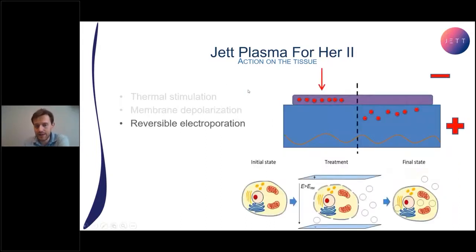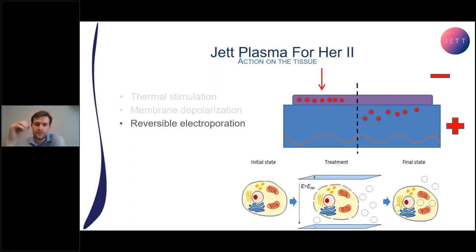And the last thing that we use in rejuvenation, as a complex model of treatment of the vagina or vaginal mucosa, is reversible electroporation. Reversible electroporation is very similar to depolarization and repolarization, but in this moment we open channels in the cytoplasmatic membrane, because we put the cell into the electric field, between negative and positive pole.